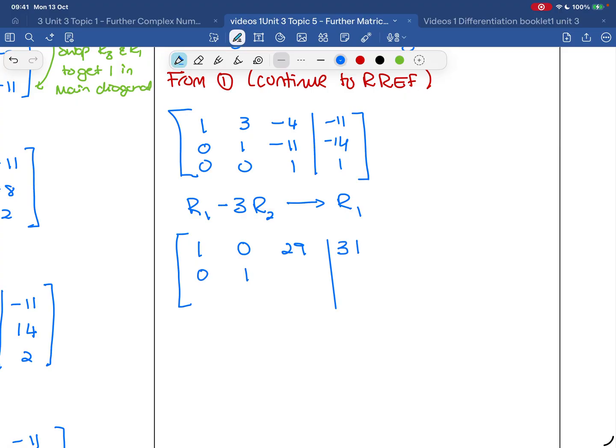I'm not changing row 2, and I'm not changing row 3.